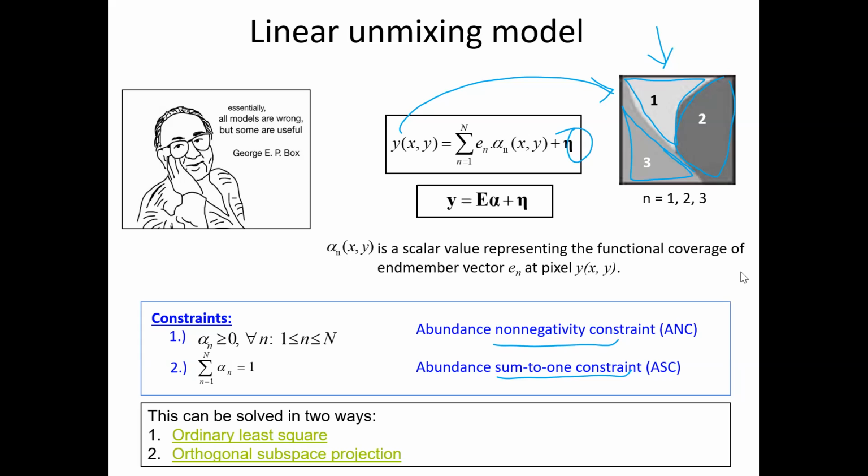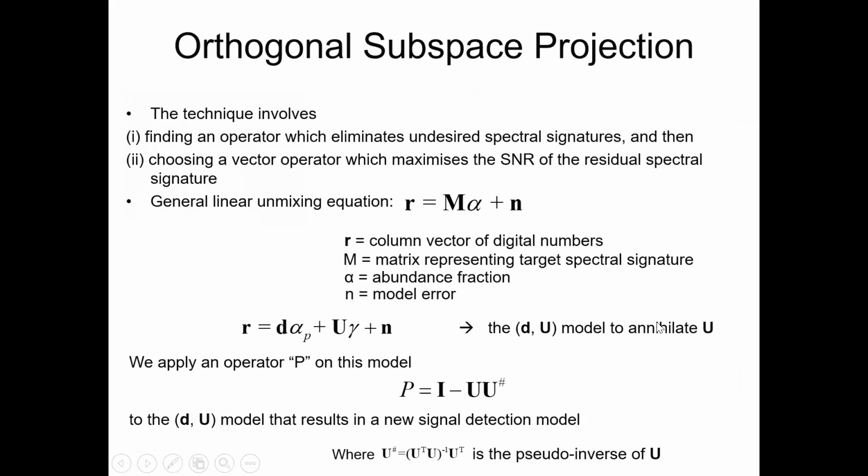Now replicate this idea to earth sciences and think about land cover. Let's say I'm interested in urban areas or buildings. Consider building to be the signal and all other classes like vegetation, water, etc. to be noise. Then he came up with a nice algorithm called orthogonal subspace projection.